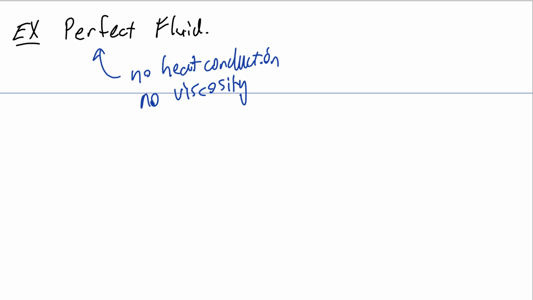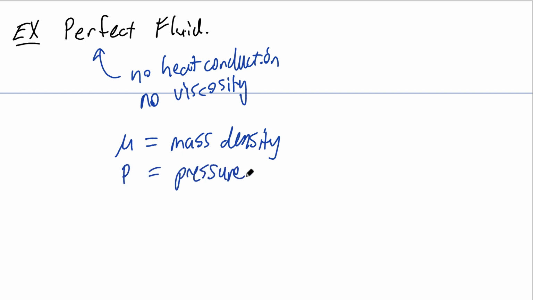So the only properties that the perfect fluid has is a mass density, which we'll denote by mu, and a pressure, P. And of course the fluid has a velocity.